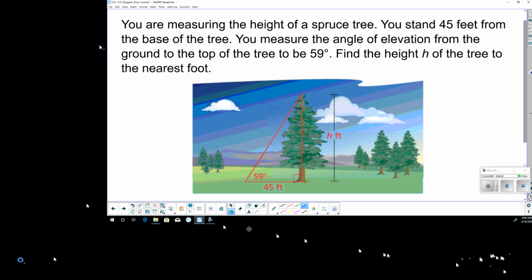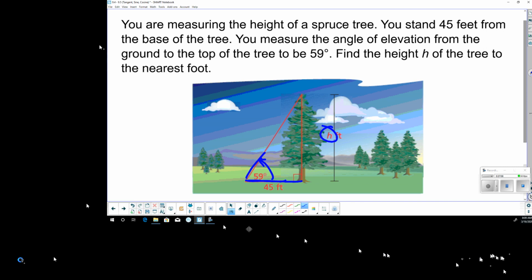So that's this angle, looking straight ahead right here, and then looking up at something. So the angle of elevation is 59 degrees. We know you're standing 45 feet away from the tree. It wants to know how tall the tree is to the nearest foot. Notice over here, that's h. That's what we're trying to find.